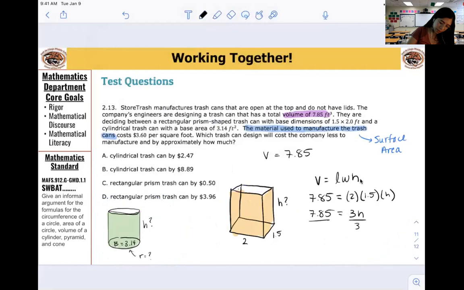If I divide both sides by 3, what do I get? I get about 2.6. Agree? Just check your work for me too, because I'm doing it quickly, but I just want to make sure I'm doing it right.